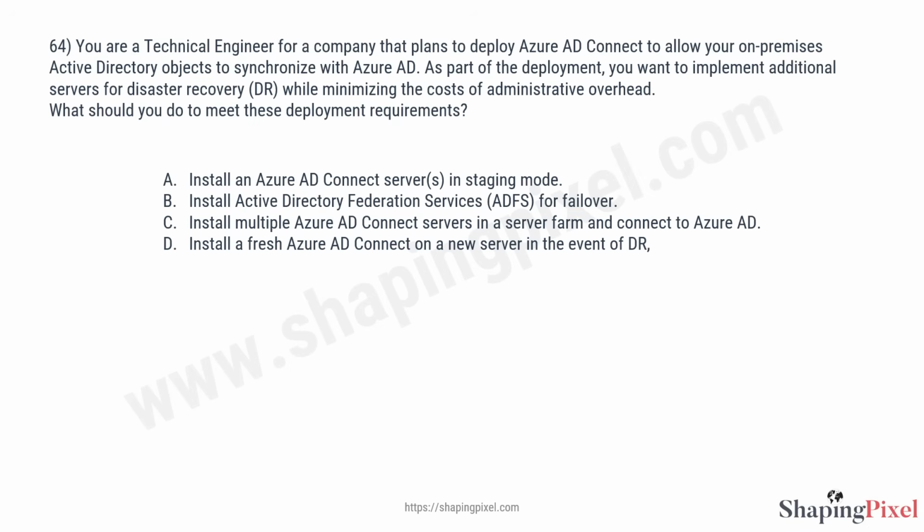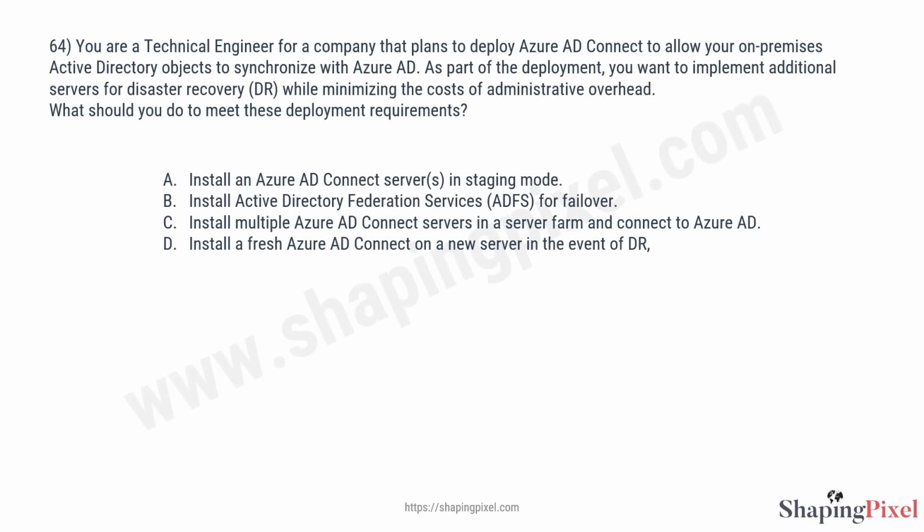Question number 64. You are a technical engineer for a company that plans to deploy Azure AD Connect to allow your on-premises Active Directory objects to synchronize with Azure AD. As part of the deployment, you want to implement additional servers for disaster recovery while minimizing the cost of administrative overhead. What should you do to meet these deployment requirements?